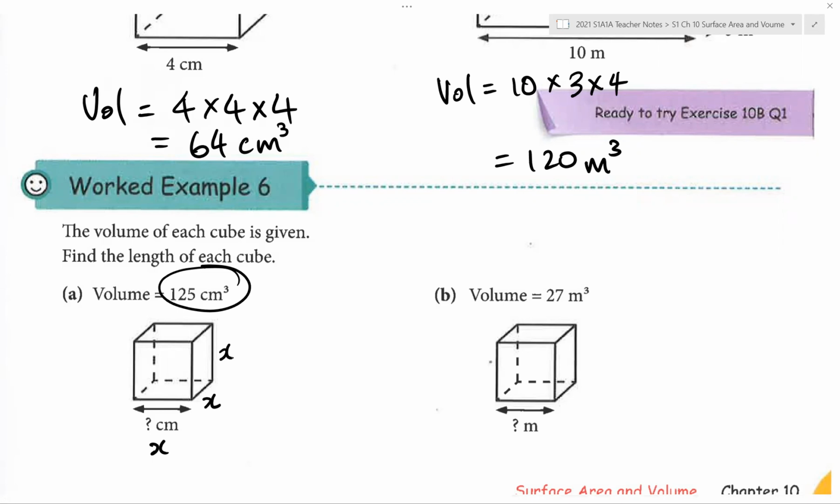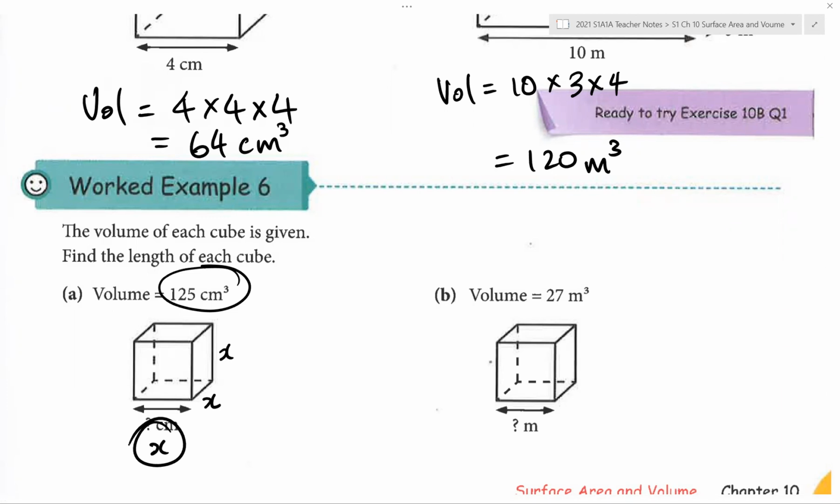Now question, is that equal to 3x? Is x times x times x equal to 3x? No, right? It is x cubed. Different from 3x. Now if I want to find this number, something times something times something equals 125.